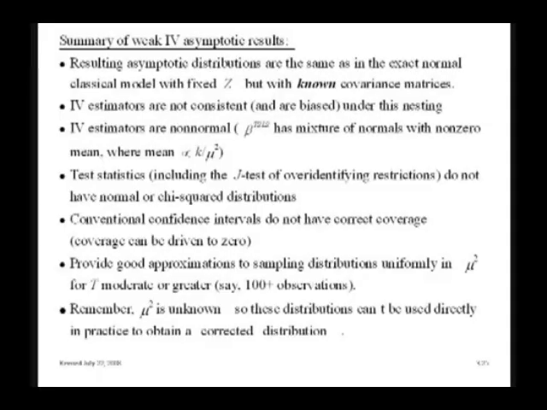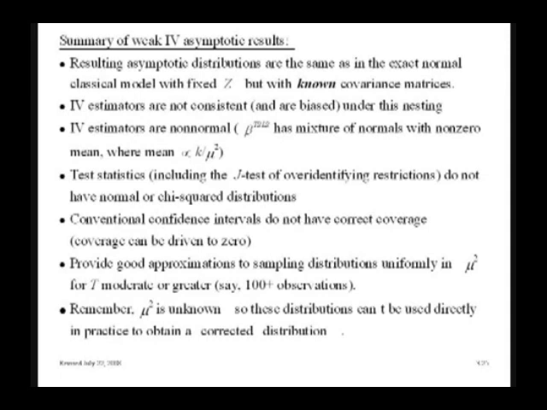Okay, so we've gone through the basic two-stage least squares calculation for weak instruments. I'm not going to go through any of the others. Let me just go through some of the implications. Under this asymptotics, there are a number of implications for estimators and test statistics that we normally use in IV inference.